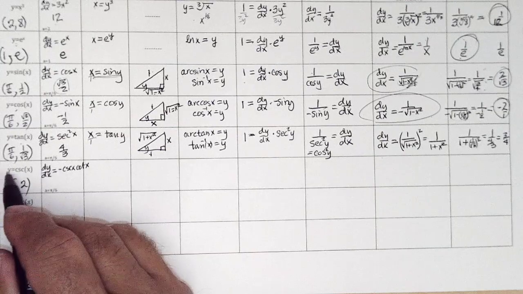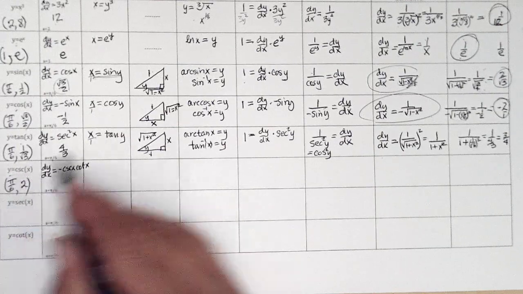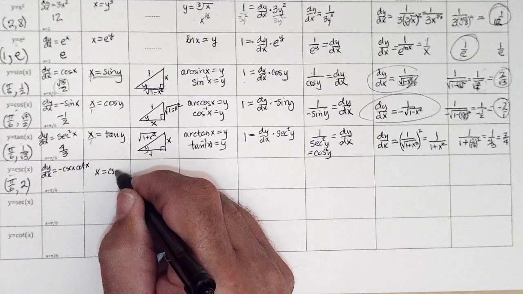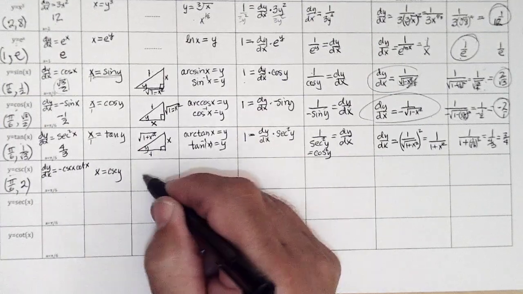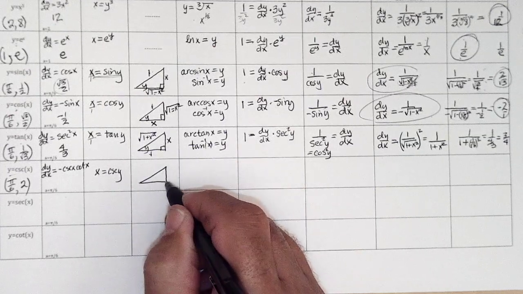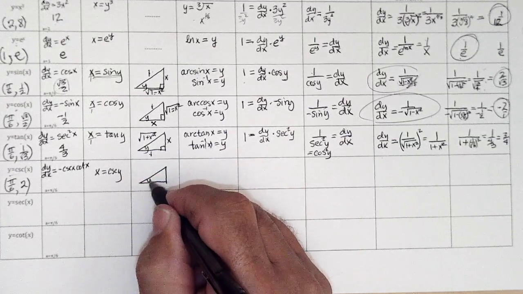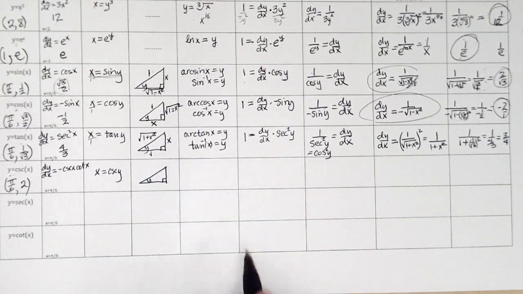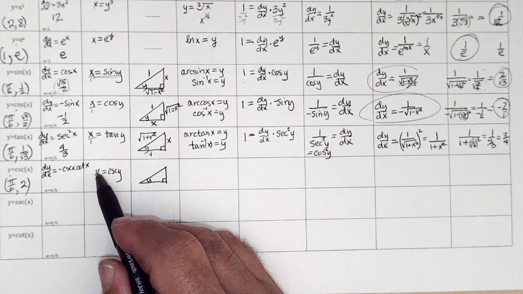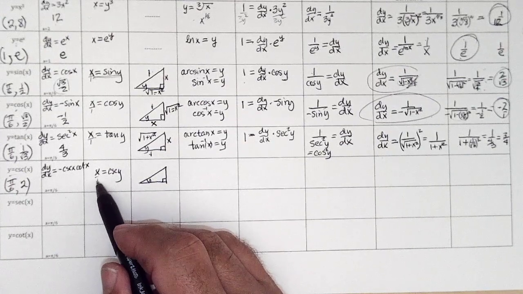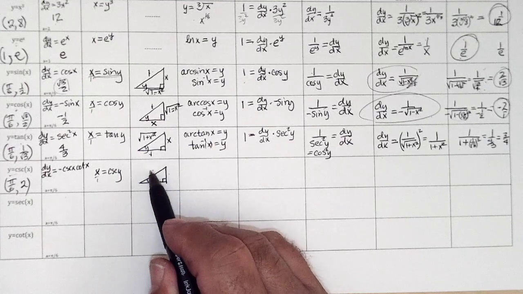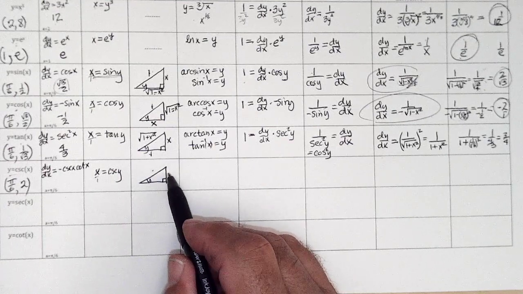The inverse, or swapping the y and x in this, we get x equals cosecant y. So I have to make a triangle where the angle is y, a right triangle, and the cosecant, which is 1 over the sine, is x over 1. Well, the sine is opposite over hypotenuse, so the cosecant is the hypotenuse over the opposite.